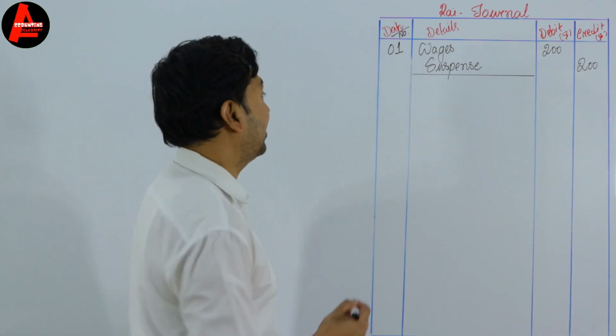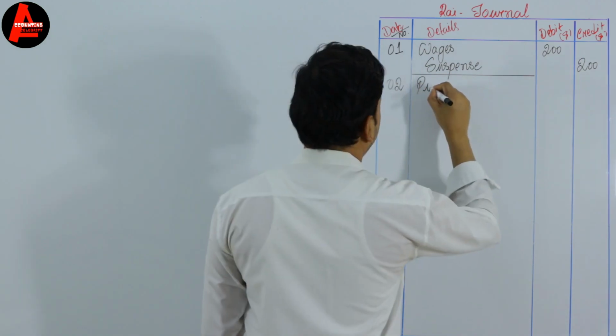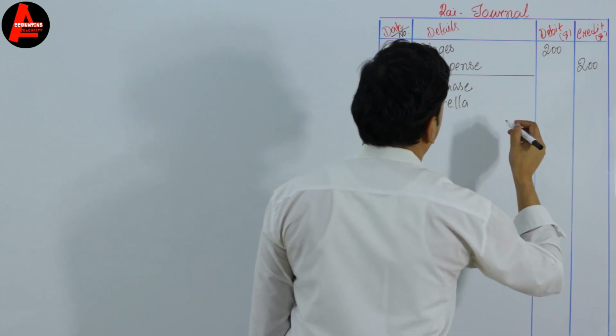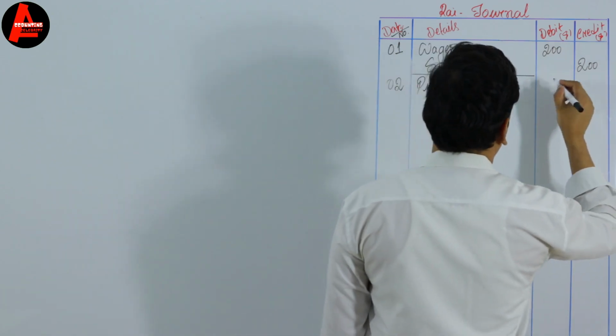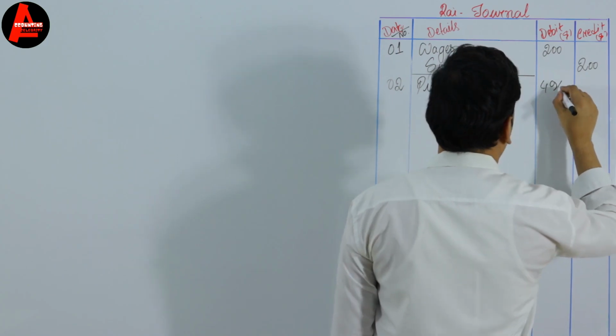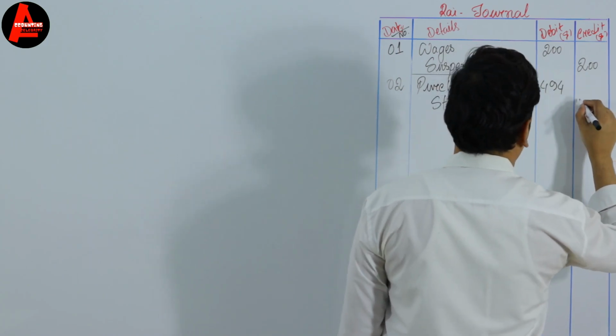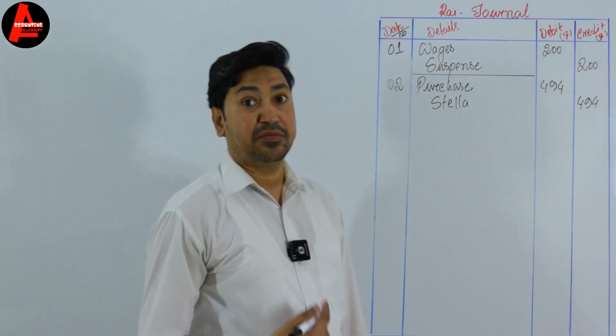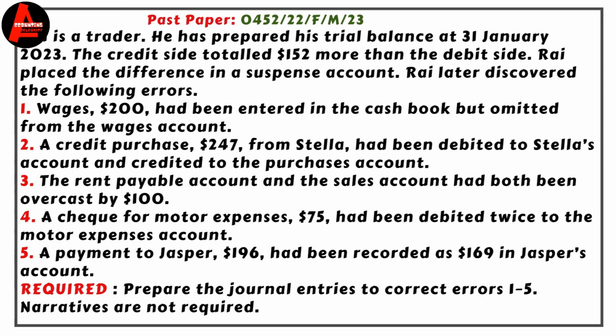So let us write number 2: purchase account to be debited and Stella account to be credited. As I told you, we need to double this amount, so it will be 494 on the debit side and the same on the credit side. So we finished number 2. Now we have number 3. The rent payable account and the sales account have both been overcast by $100.